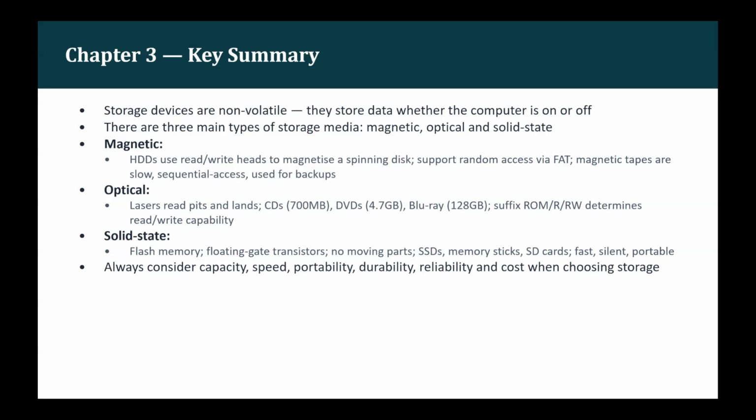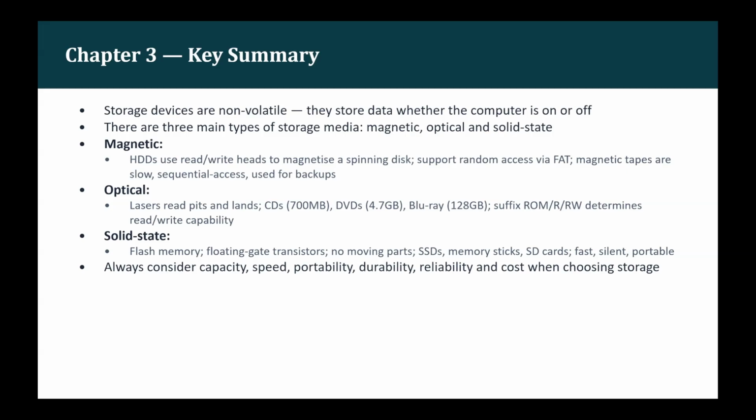Pause the video anywhere you want and take your notes. And here's the summary. Storage devices are non-volatile, which means they store data whether the computer is on or off. There are three main types of storage media: magnetic, optical, and solid state. Magnetic HDDs use read-write heads to magnetize a spinning disk, and support random access.